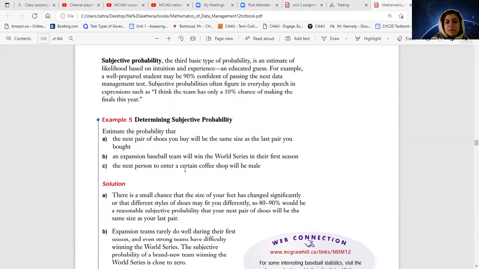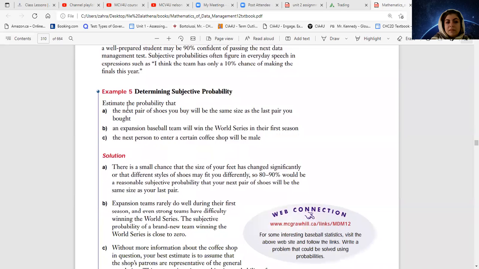So let's just look at this example. Estimate the probability that the next pair of shoes you buy will be the same size as the last pair of shoes you bought. But is it likelihood? So probably there is a small chance the size of your feet changes significantly, or that a different style of shoes may fit you differently.